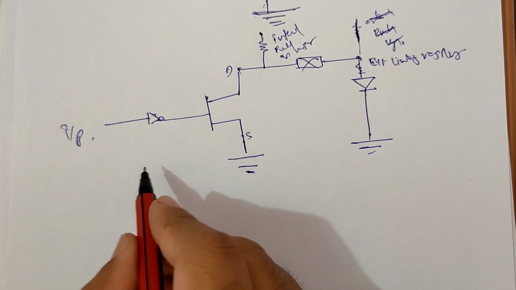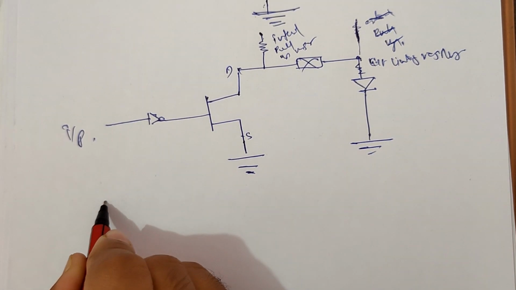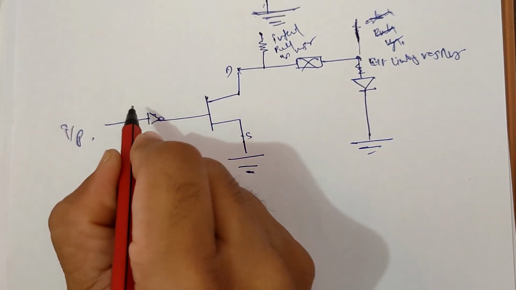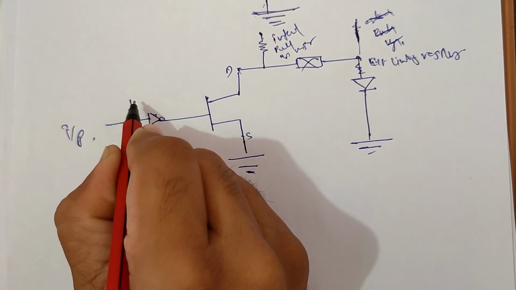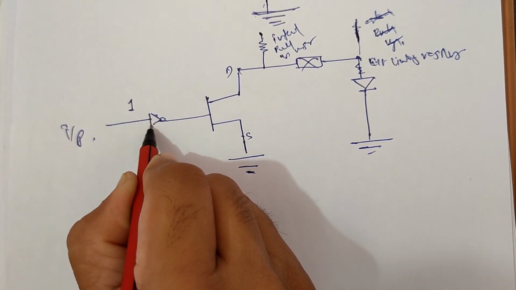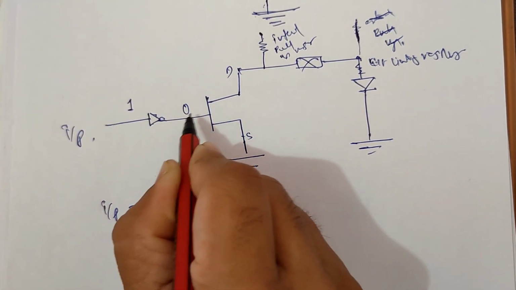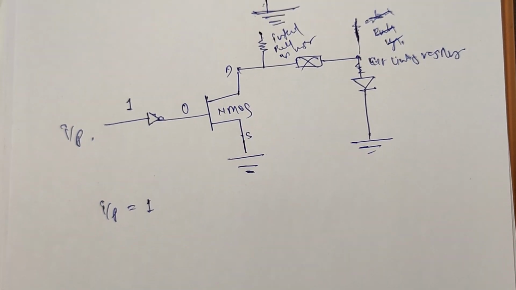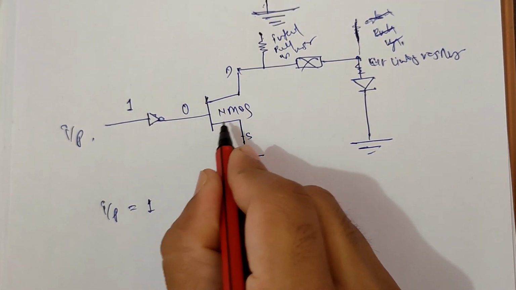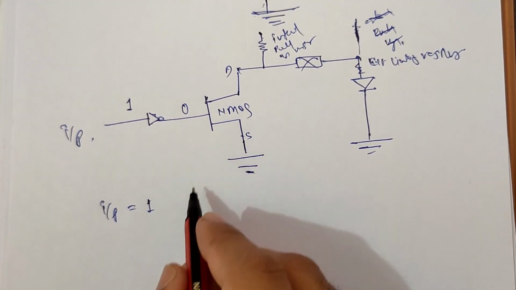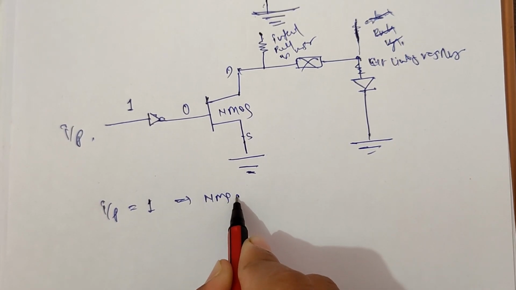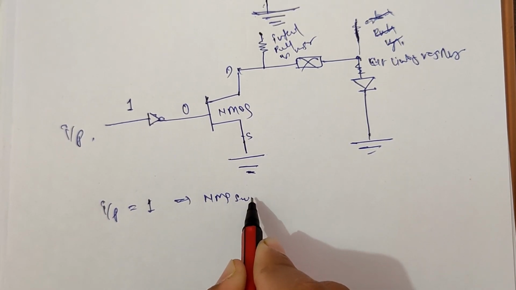When we write 1 to the input, let's see how this flows. Then this NOT gate will give me 0, and this is an NMOS. So at 0 applied across the NMOS gate terminal, we can say the NMOS is turned off.